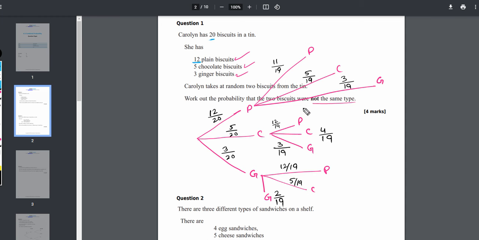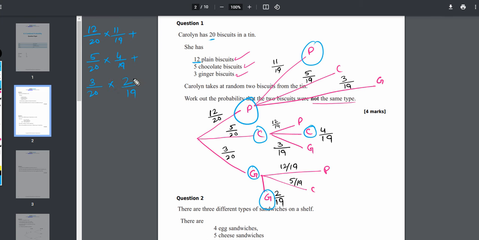So right now I'm going to find the probability for the biscuits with the same type. So it will be plain, that will be 12 over 20 times 11 over 19, plus chocolate, that will be 5 over 20 times 4 over 19, plus ginger, that will be 3 over 20 times 2 over 19.